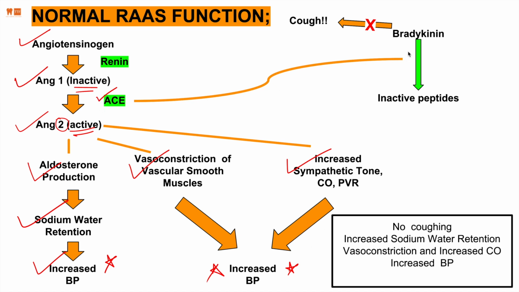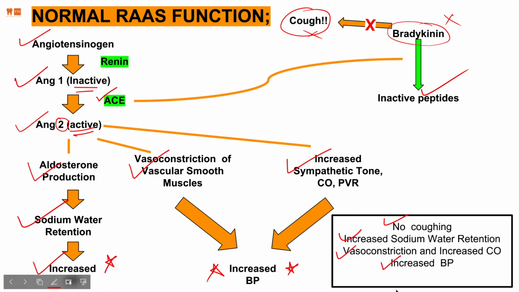ACE prevents coughing. How? Because of ACE, bradykinin becomes inactive. Therefore, excessive bradykinin is prevented. Therefore, cough is prevented. That's normal RAS function. No coughing, increased sodium-water retention, vasoconstriction, increase in CO, and increased blood pressure.